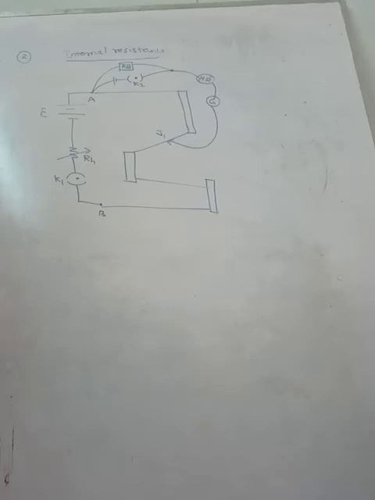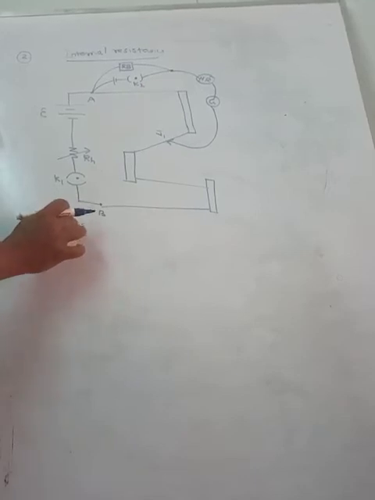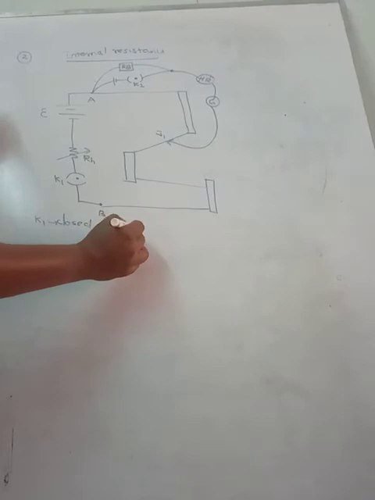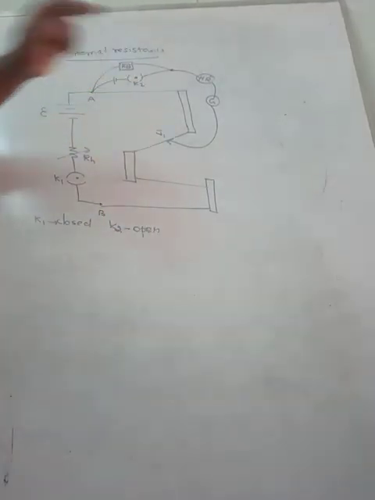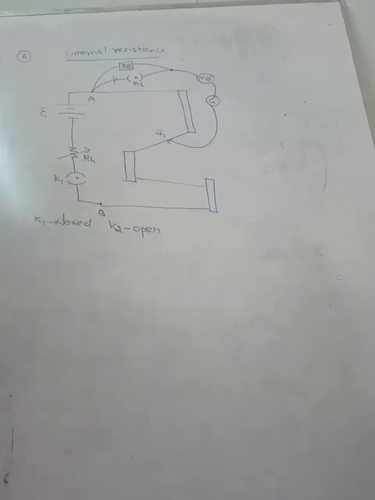First, let us see K1 closed and K2 open. Okay, K1 is closed and K2 is open. We are going to open the circuit K2, and only K1 is closed.